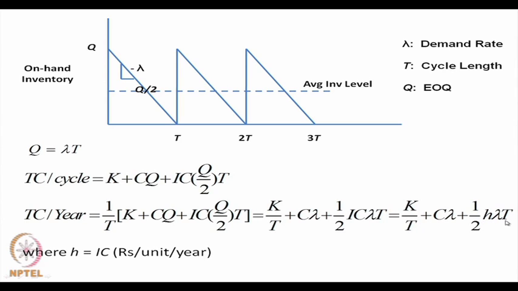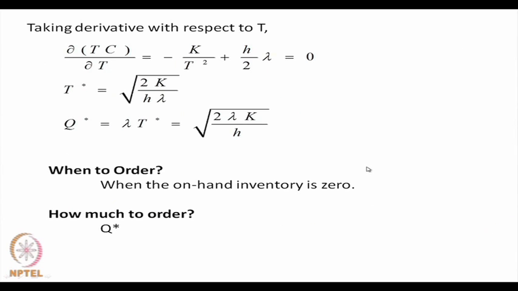half H lambda T. Once we have such an expression containing T, we differentiate this with respect to T, and we get the optimal value T star that minimizes the total cost. Since we know that Q star is nothing but lambda T star, we get this expression, which is root over 2 lambda K divided by H. In the numerator, we have the demand rate lambda. If demand is more, then Q has to be more.